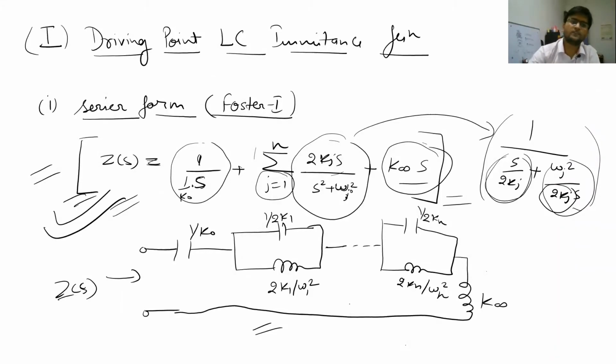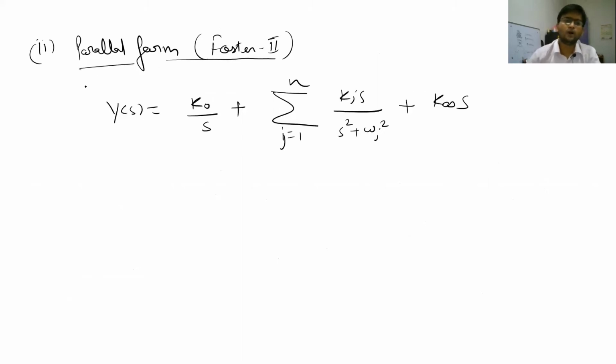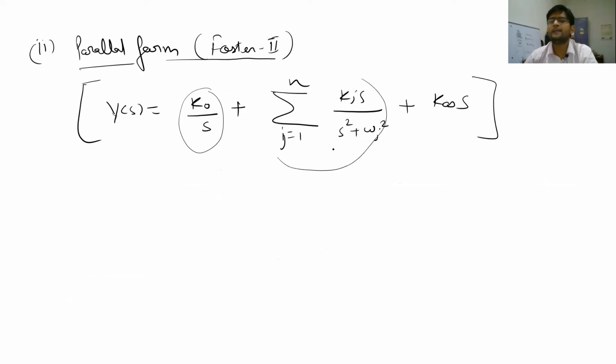So let us go and see the Foster second form, or the parallel form. Now this is your Foster second form. It is exactly similar to the Foster one form, but this circuit is representing an admittance circuit, not the impedance circuit. So all these components will be added in parallel in place of the series addition that we did earlier.